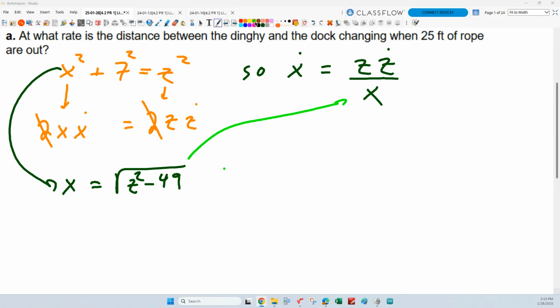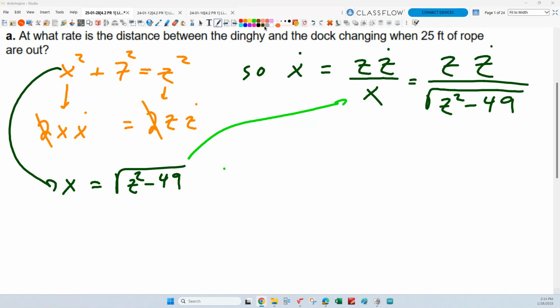I think to me, I would rather just plug that in and not have to make another numerical calculation. I'd rather just make one numerical calculation. So we end up with z dot over square root of z squared minus 49. There's x dot. What's the last step?